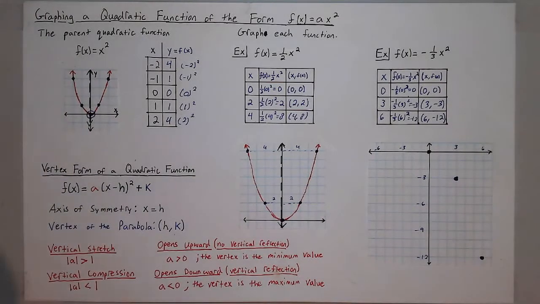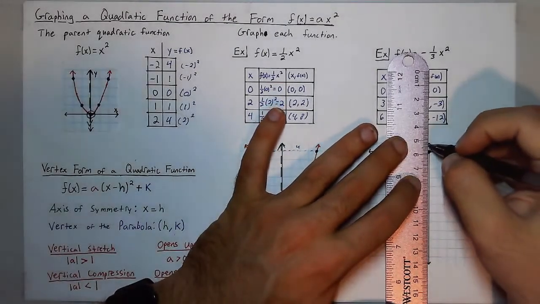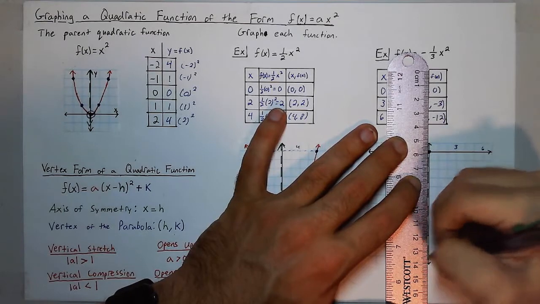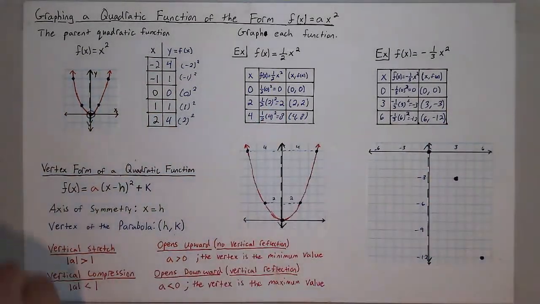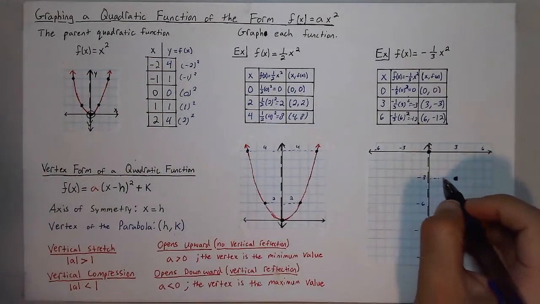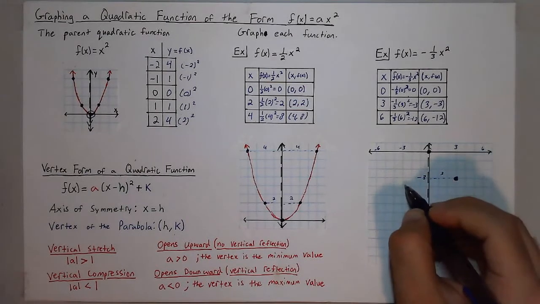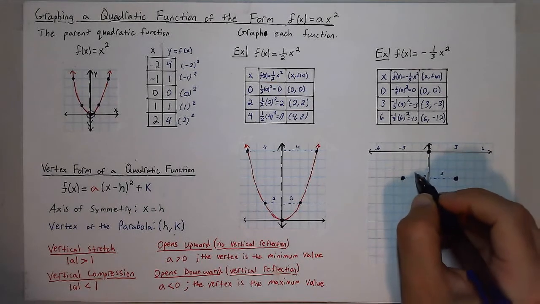And again, these graphs are symmetric, so I have an axis of symmetry. It goes right through my vertex every time. And plotting points, I'll just count horizontally from the axis of symmetry. That's 3 points to the right, so I must go 3 points to the left as well, so that they are symmetric.